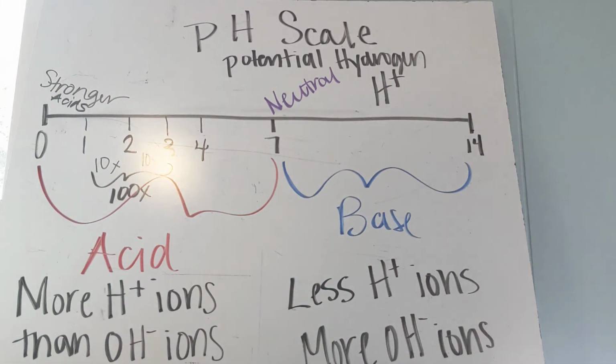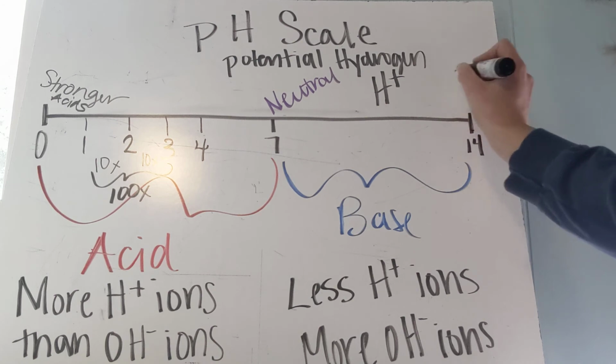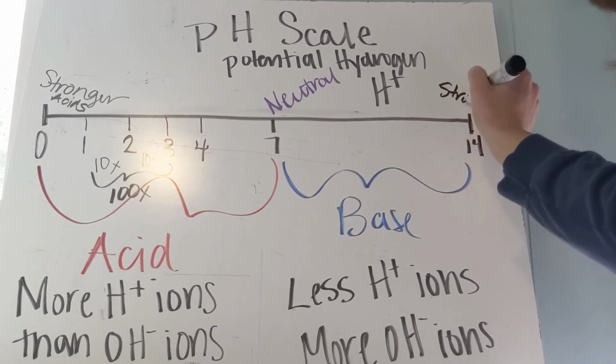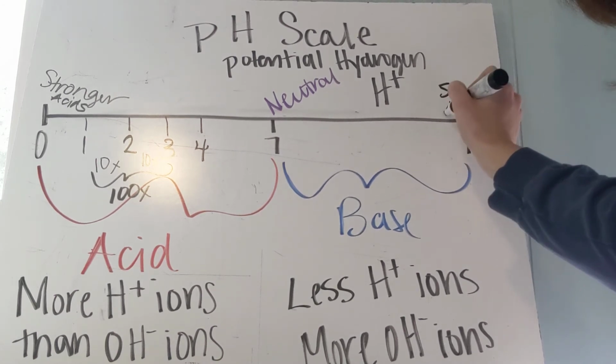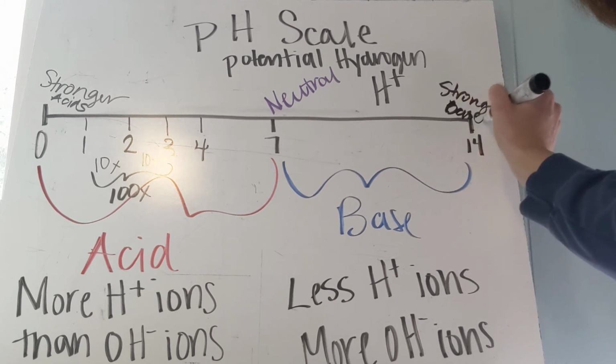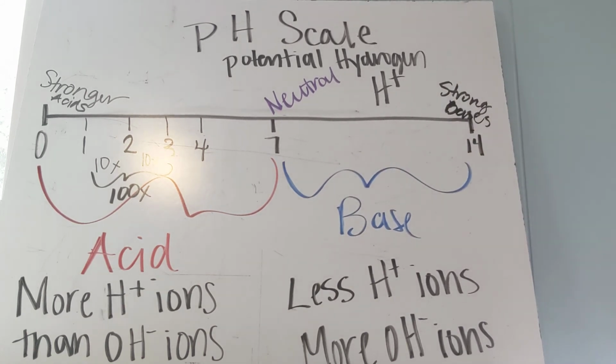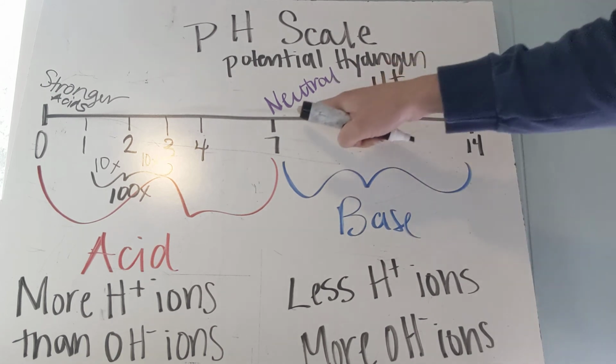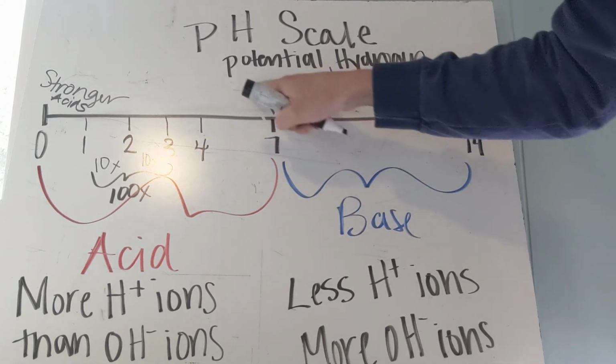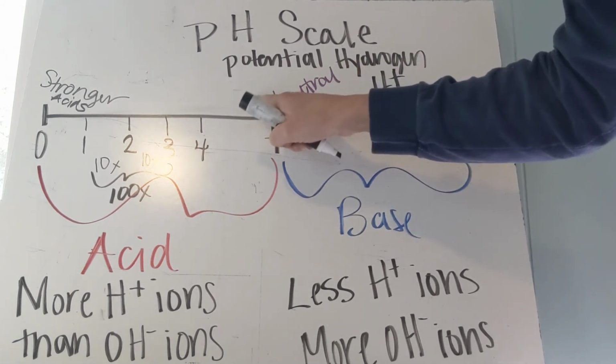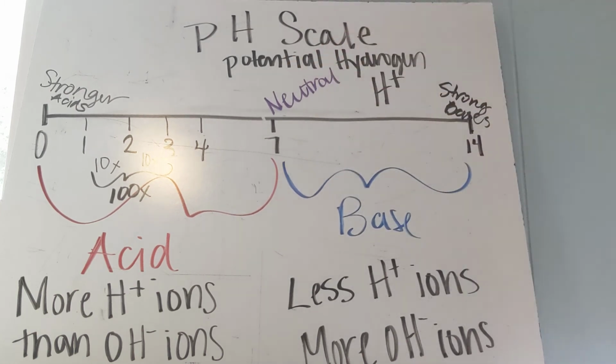Similarly in bases, stronger bases are closer to the 14 end. And both weak acids and weak bases are closer to 7, close to neutral.